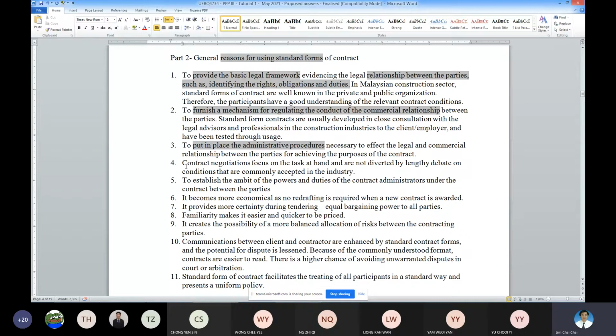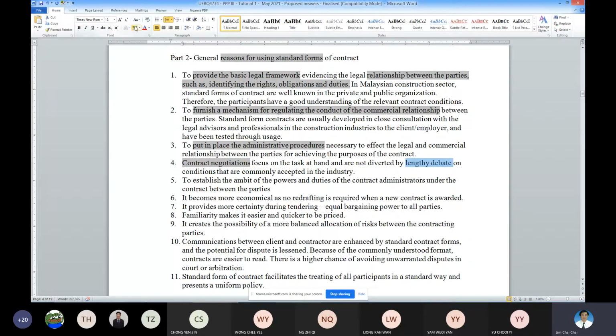And then the fourth point, negotiations. Involving lengthy debates can be minimized because we are using a standard form.